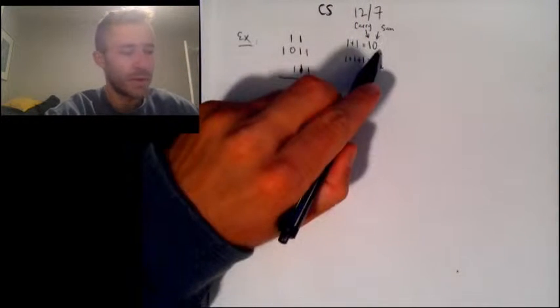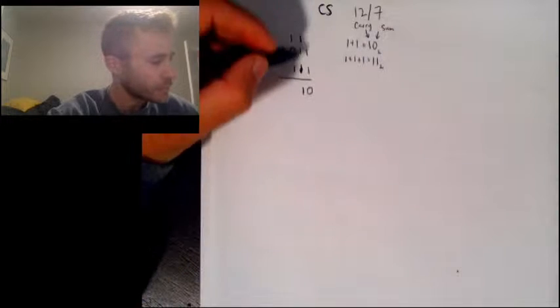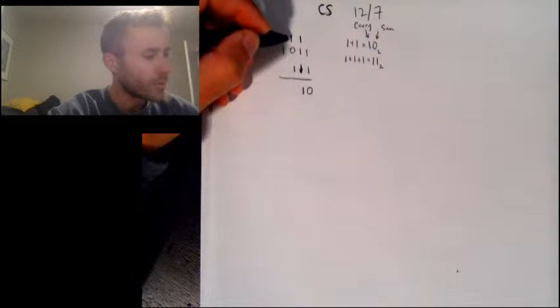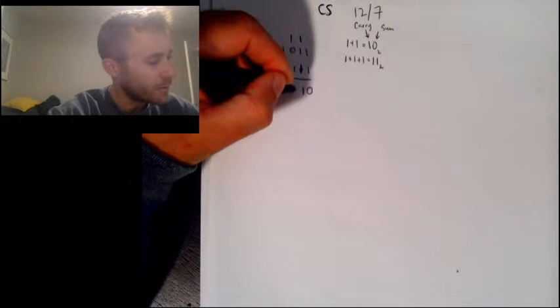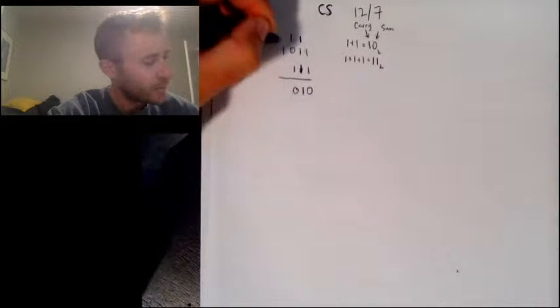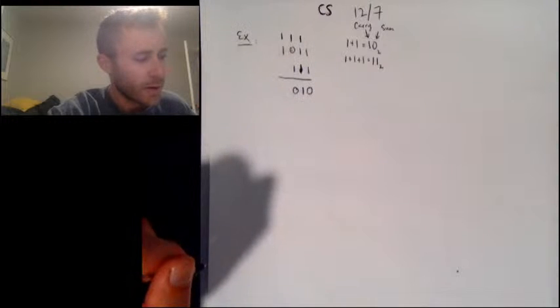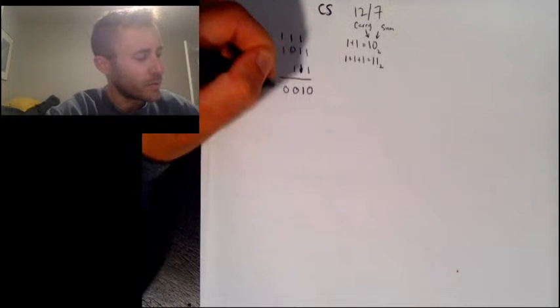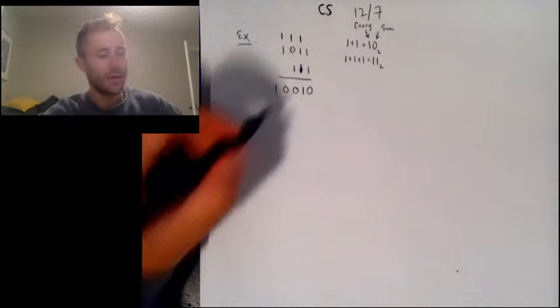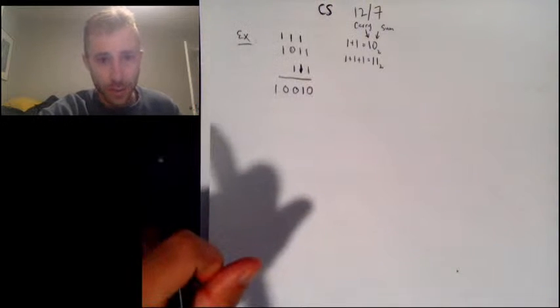So 1 plus 0 plus 1 has a sum bit of 0 and a carry bit of 1. Then I have 1 plus 1 plus 0, which has a sum bit of 0 and a carry bit of 1. So that's my answer when I add those two together.